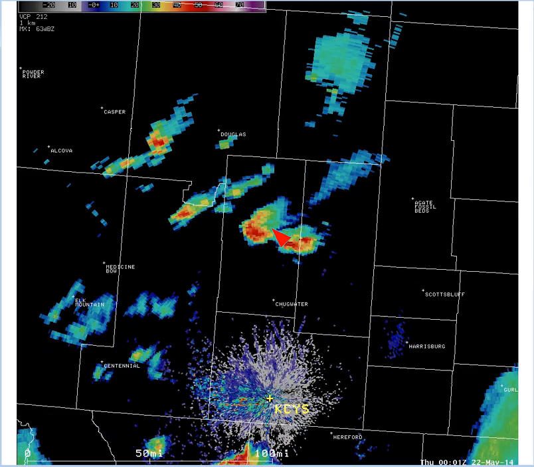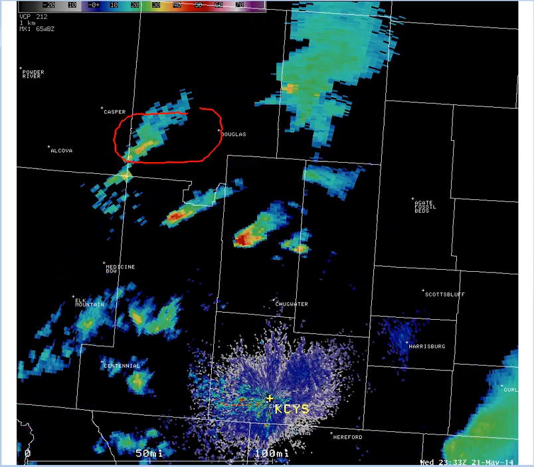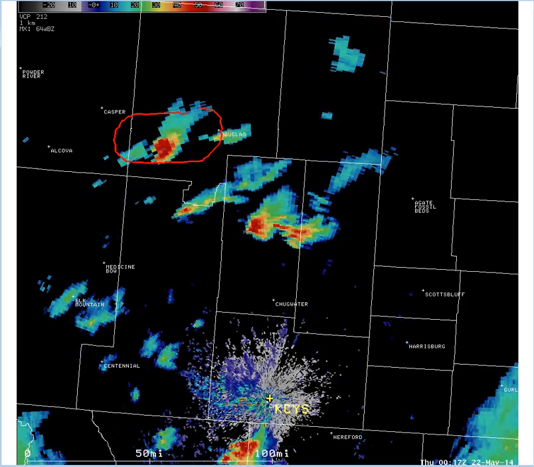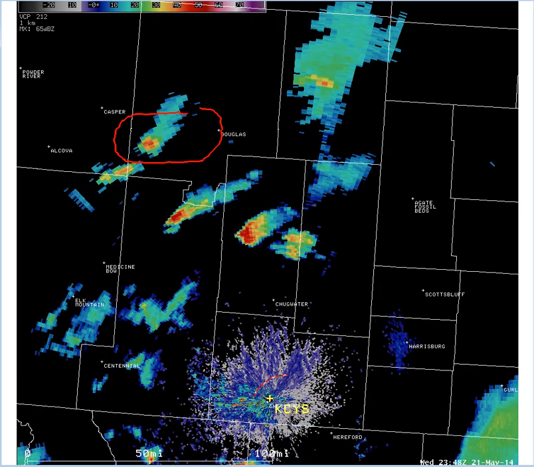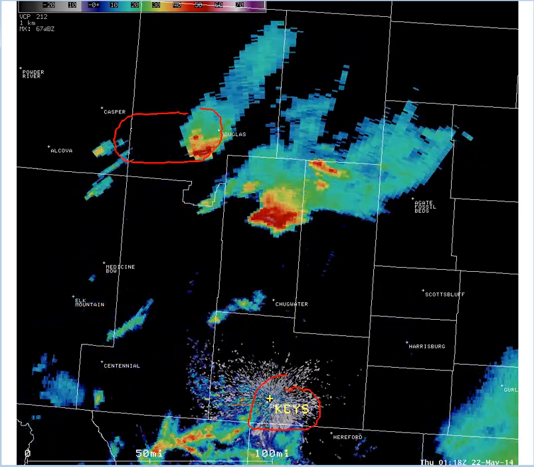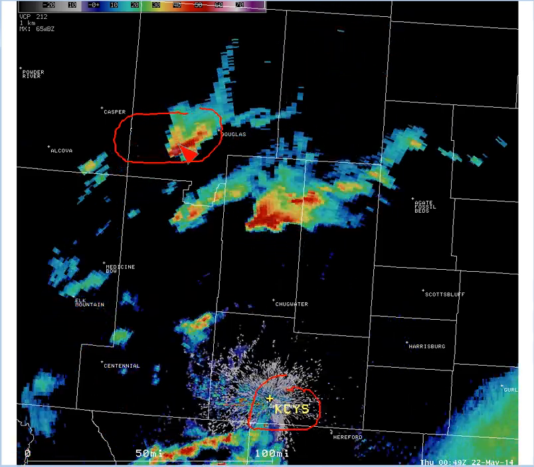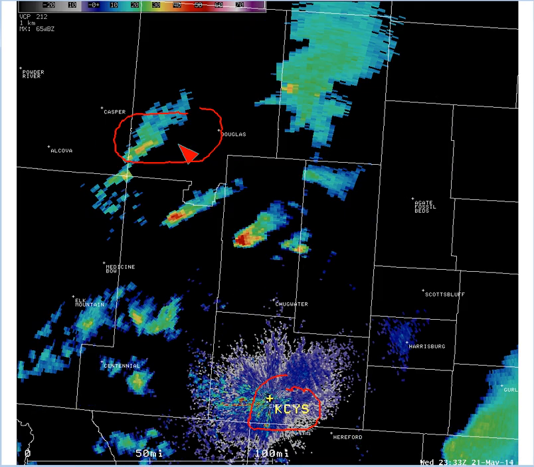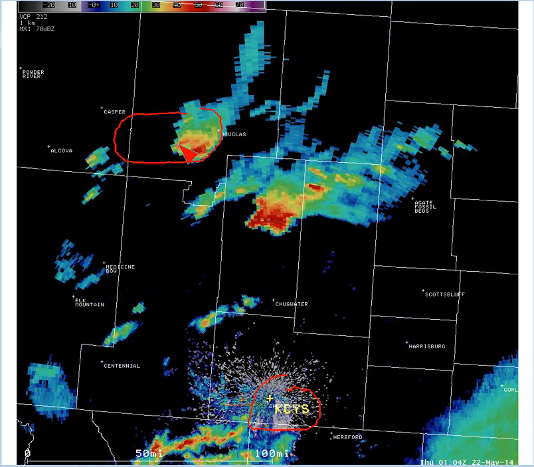And meanwhile, here's that other storm that is going through quite a bit of intensification as it's over that higher terrain just southwest of Douglas. And notice, like I said earlier, it's pretty far from the radar here, so having that SRSO imagery helps you out here. And whenever you have these storms further from the radar, you can assess trends here in terms of what's happening with the storm.